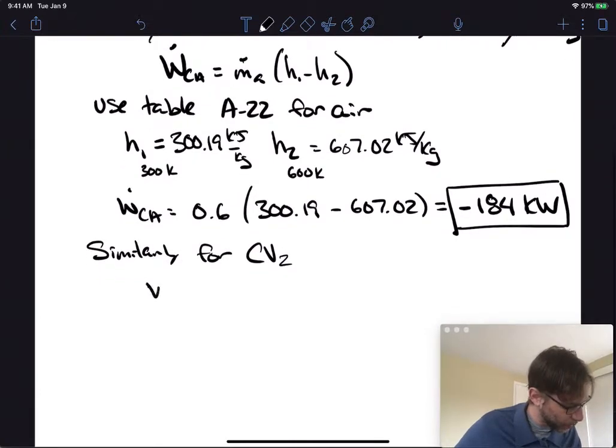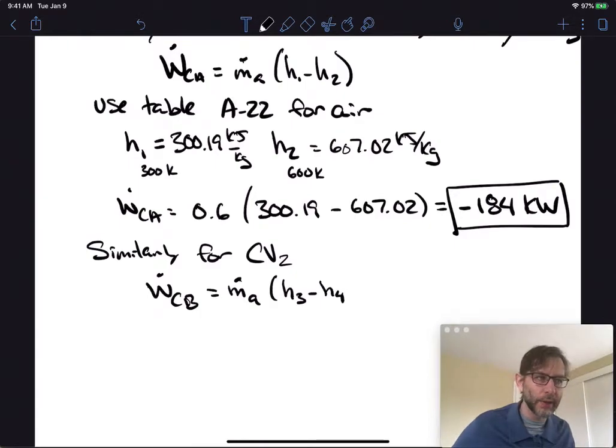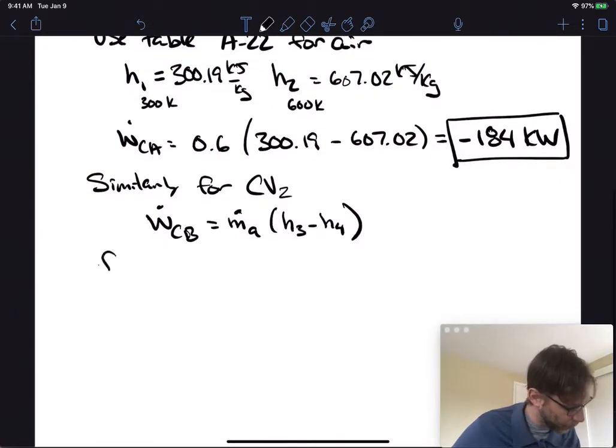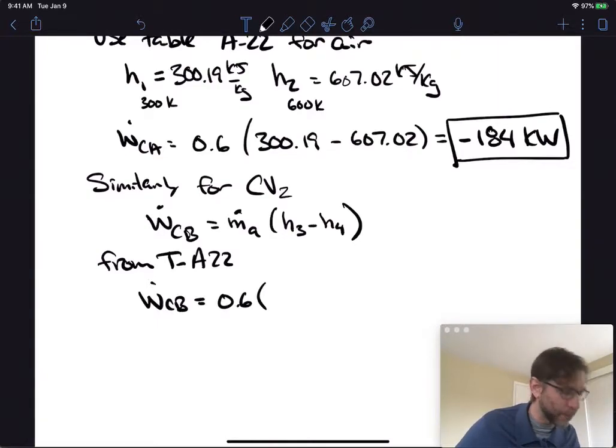We're going to say that W dot CB is equal to m dot A times H3 minus H4. Is that right? Yes. And then we're going to obtain the same kind of values from table A22. I'm going to leave that up to you guys to look up. So 0.6 is the same mass flow because we didn't leak any air between those things, and the heat exchanger doesn't have any leaks in it.